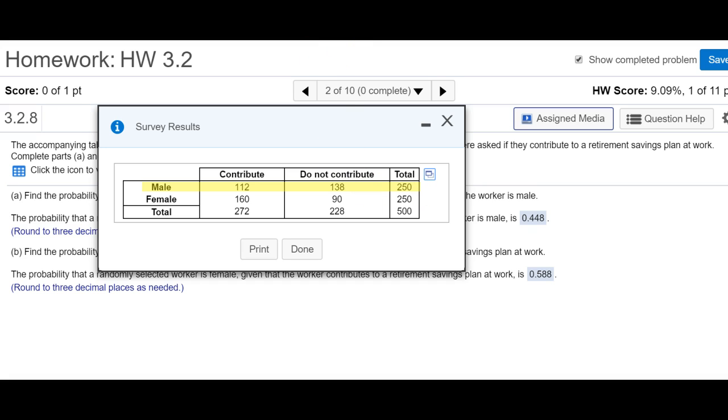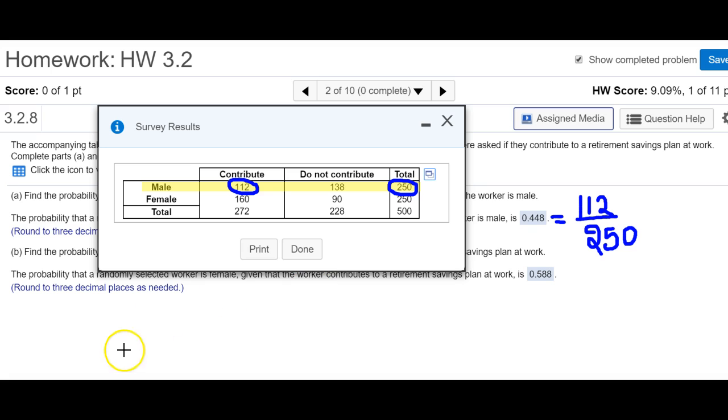Once I have that, I see my sample size is 250. And what am I looking for? I'm looking for people who are contributing, which are 112. And that will give you 0.448.